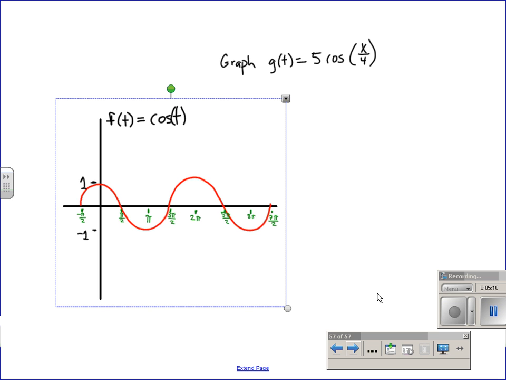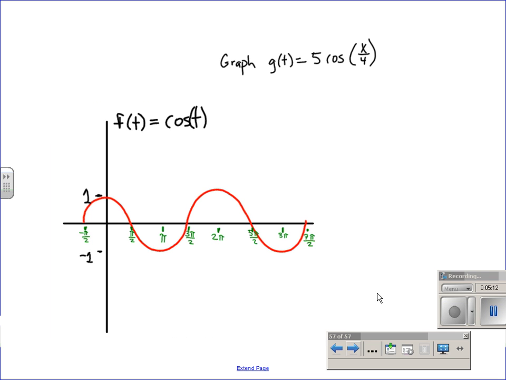And the easiest thing to do here is to change your amplitude. So the first thing we do is we know that our maximum is no longer 1 and -1 because we have this 5 here. Then our maximum is 5 and -5.